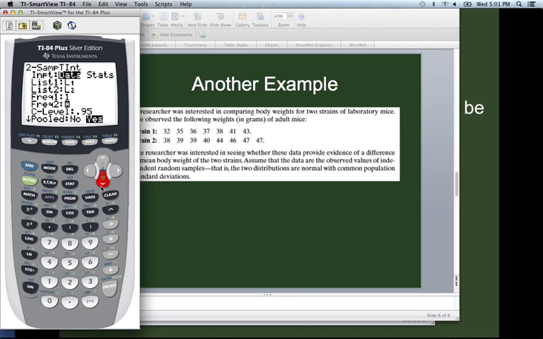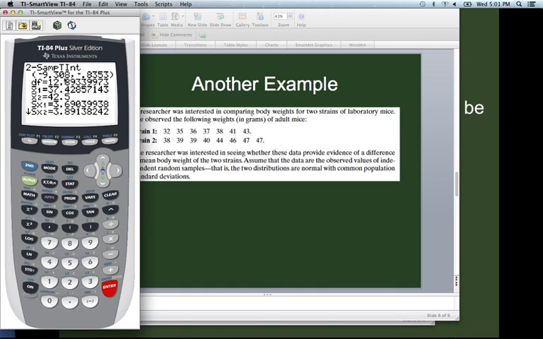If it were not reasonable to assume that those populations had equal standard deviations, sometimes we just say equal variances, then I would just check no here, and I would get a slightly different confidence interval.